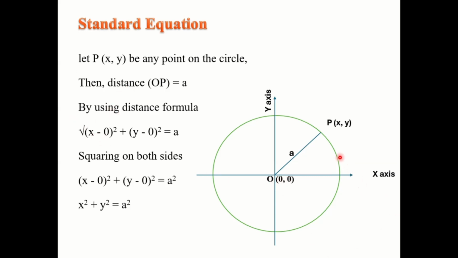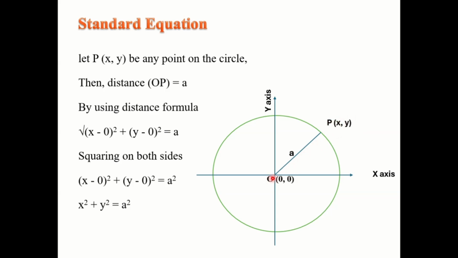Let us assume one point on this locus, that is P, whose coordinates are x and y. The distance OP is nothing but the radius of the circle, which we represent as a. We have studied the distance formula in plane coordinate geometry. As we know, the origin coordinates are 0, 0, and we assume one point P on the locus of the circle whose coordinates are x and y. We know the P coordinates and O coordinates, and OP is the radius.